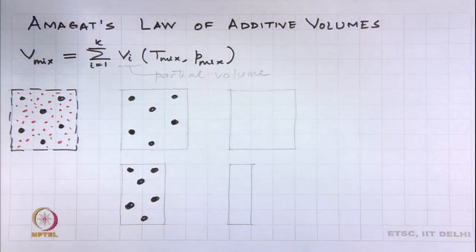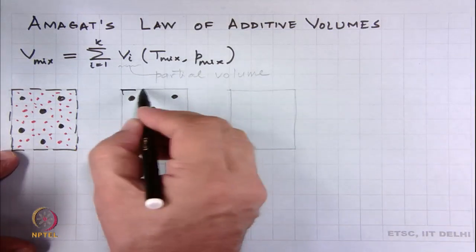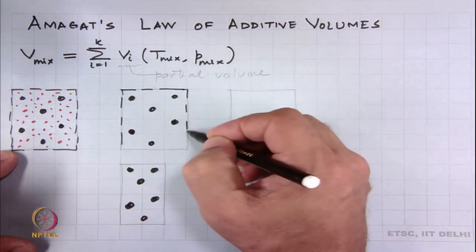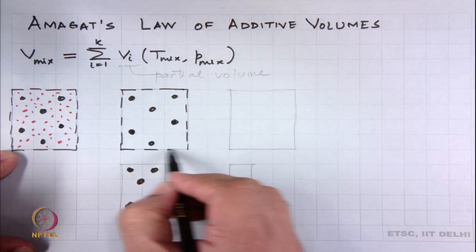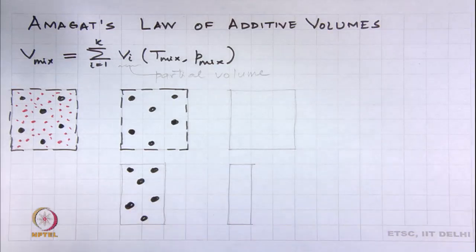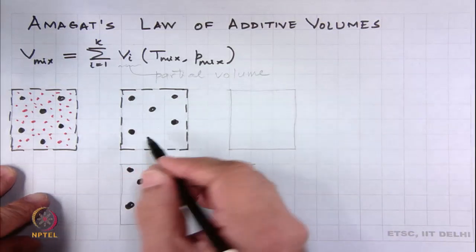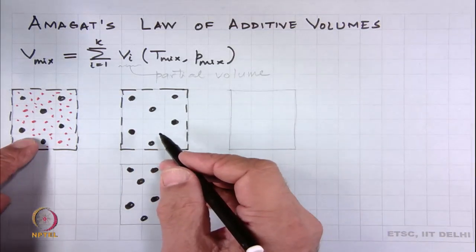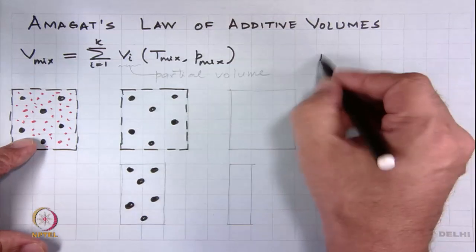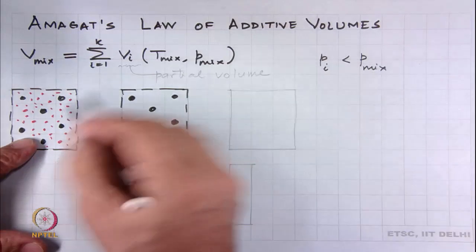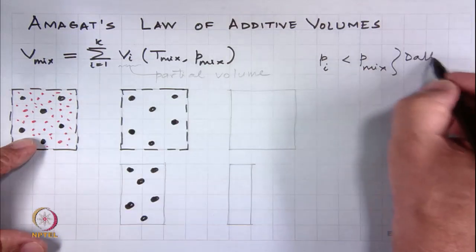Then, if we separate it the way we did a few minutes back while looking at Dalton's law, we would get the same type of situation. So, we are saying that now I only have this, but now the pressure of the ith component is less than the mixture pressure. That is, P I is less than P mix when you do this separation, and that came from Dalton's law.